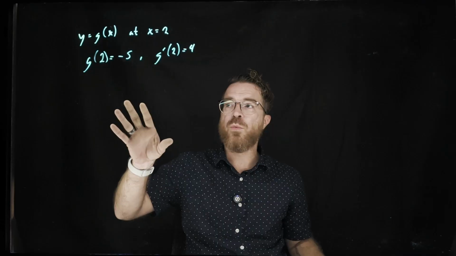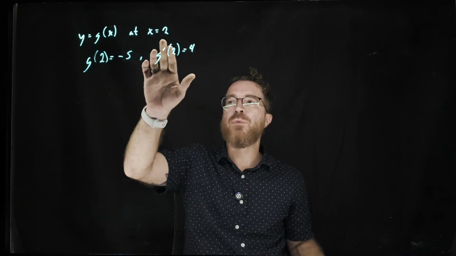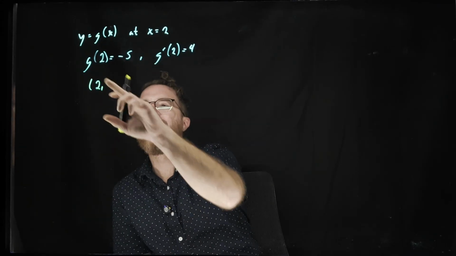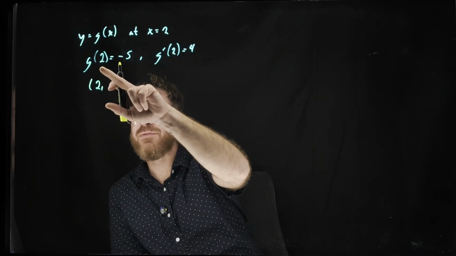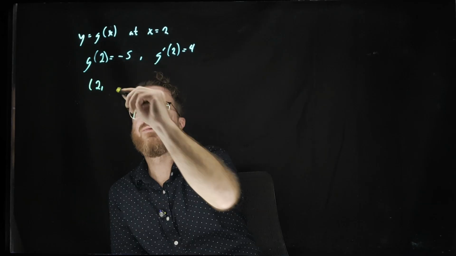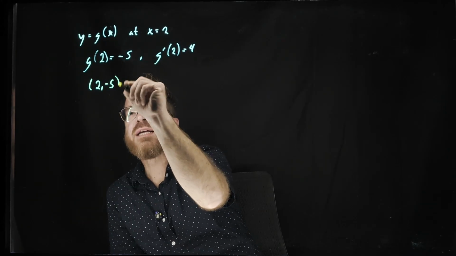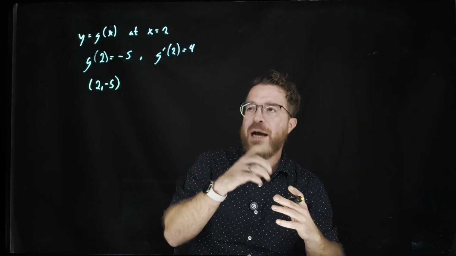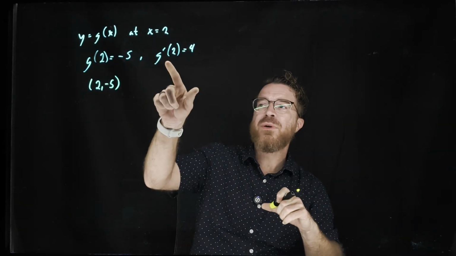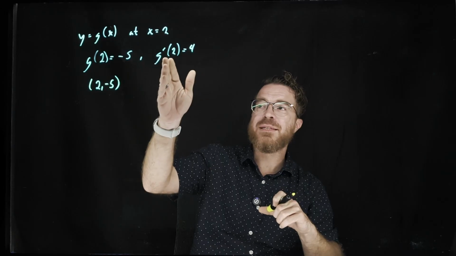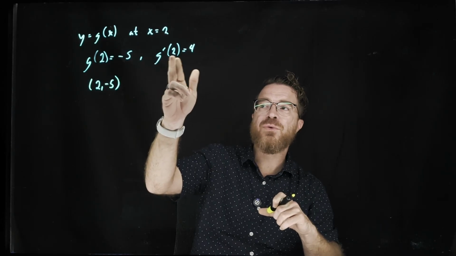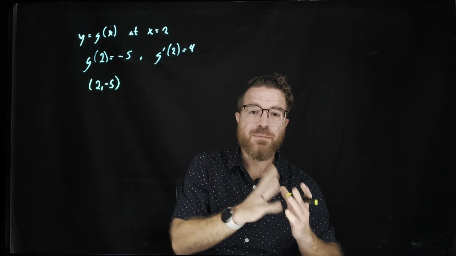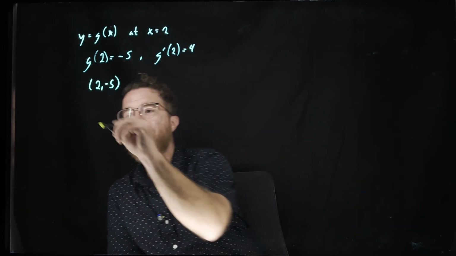You could think of this like your y. So we specifically said we're at x equals 2, and when I plug in 2 into this function, I get a y of negative 5. So we're really asking, we want to find the tangent line at 2, negative 5, with a slope, because that's what this prime means, the slope at 2 for this function g of x, which is equal to 4.